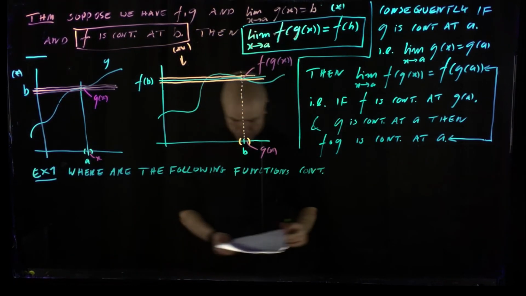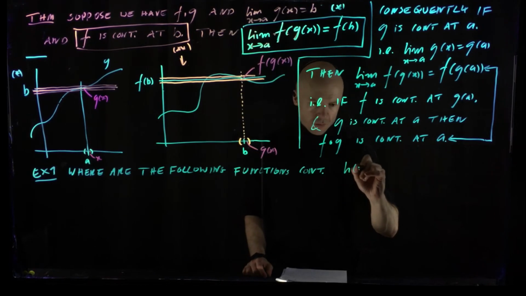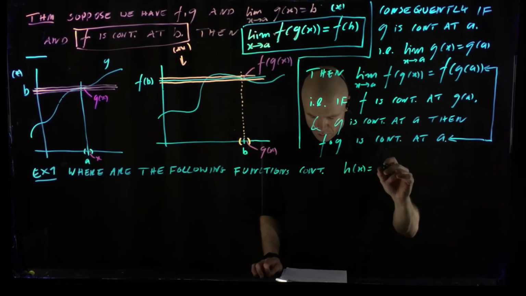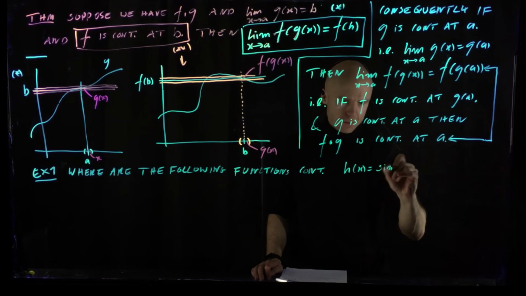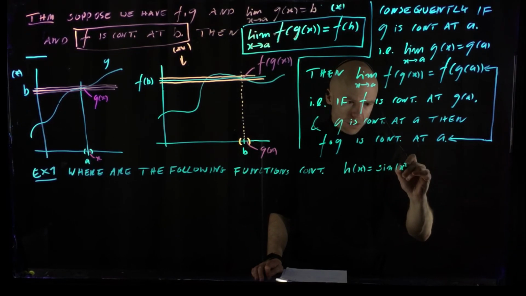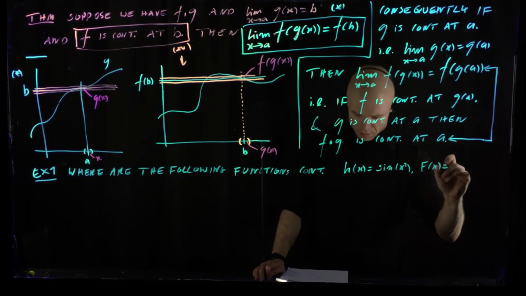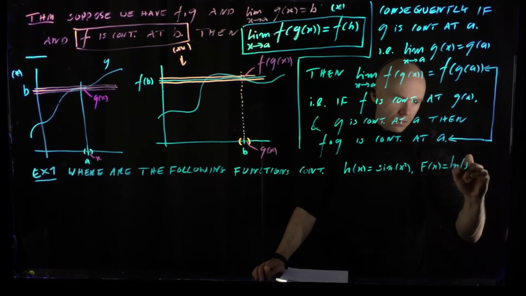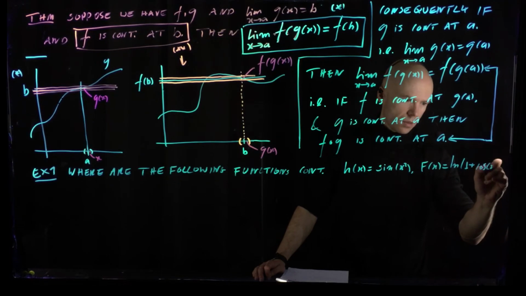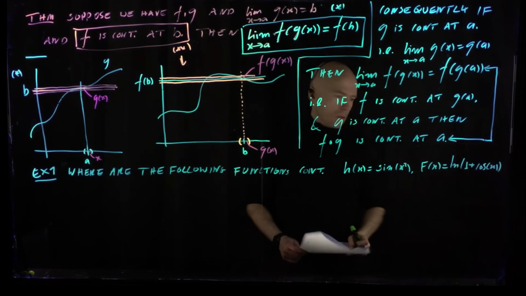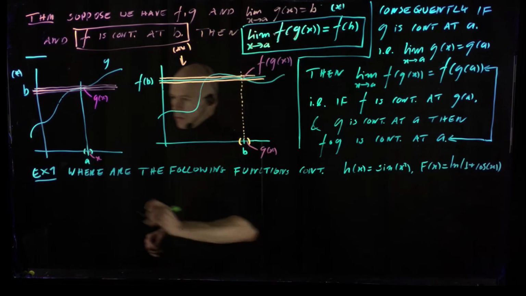And our two functions are h of x, which is sine of x squared, and the other one is capital F of x, which is log of 1 plus cosine of x. Okay, solution.